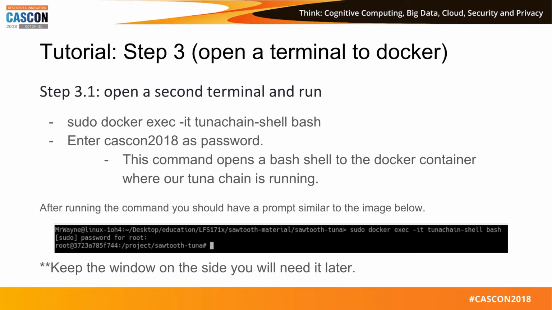What we're doing here is opening a terminal to our container on Docker. If you remember, Sawtooth is running in this Docker container, and now we are logging into that instance, into that container. So let's keep that terminal on the side. We're going to use it later.